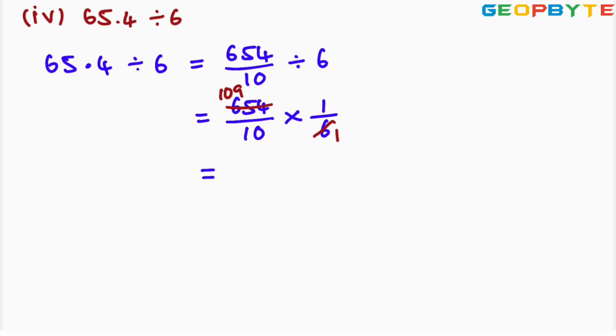So we get 109 by 10. On dividing a decimal by 10, the decimal point is shifted to the left by 1 place. Then we get 10.9. So the result of 65.4 divided by 6 is 10.9.